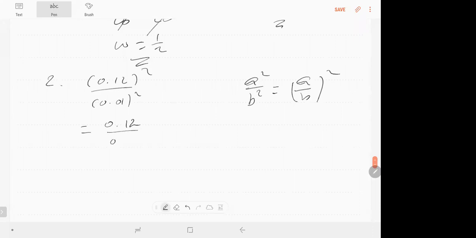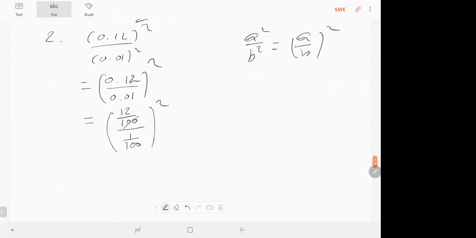0.12 over 0.01 the whole square. So now let's convert the decimal into fraction. ለምንድነው ወደ ፍራክሽን መለወጥ? ለማጣፋት ብዙ ጊዜ ስለሚመች advantages. So the fractional form of 0.12 means it is already 12 over 100, over the fractional form of 0.01 means 1 over 100, the whole square.